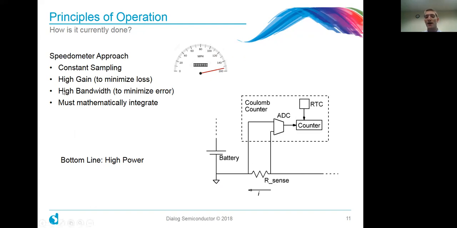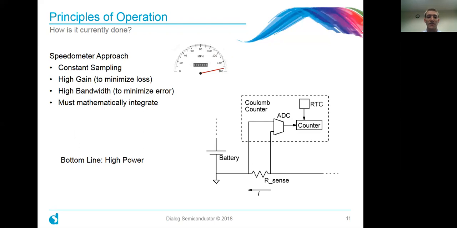You're going to have a high enough bandwidth to capture all of that data, or you're going to be having errors in your system. Your battery is actually going to be either having more charge than you expect or less charge than you expect. And both of those have their comparative issues that you don't want to run into.